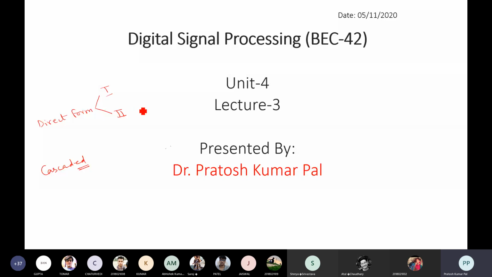So in direct form 1 we have seen that whatever transfer function we are having, H of z, we make it into two terms, H1 of z multiplied by H2 of z. Here H1 is represented by the zeros first and H2 is represented by the poles.